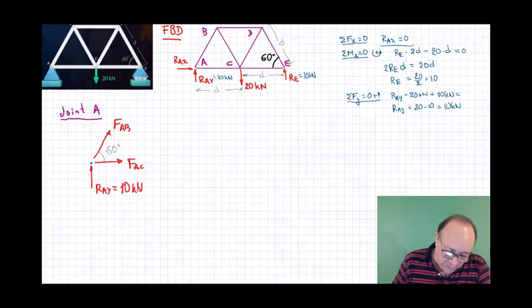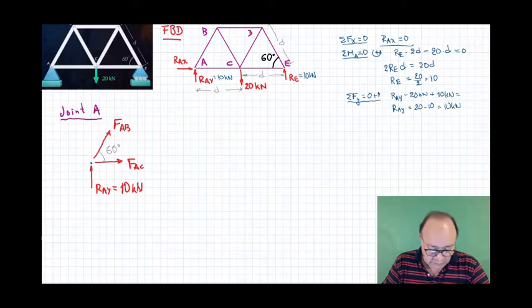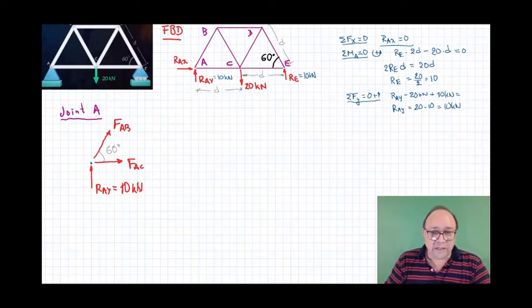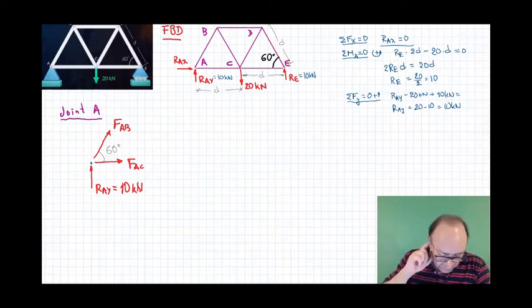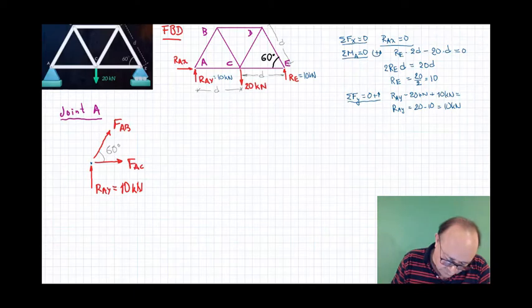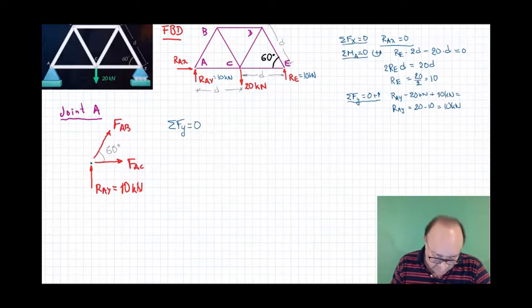Okay, now that you have the free body diagram of the joint, which you have to do, it's compulsory, then you set up the equilibrium equations. Here we can do summation of forces. I will do summation of forces in the y direction first, because in the y direction I don't have components from the unknown FAC.